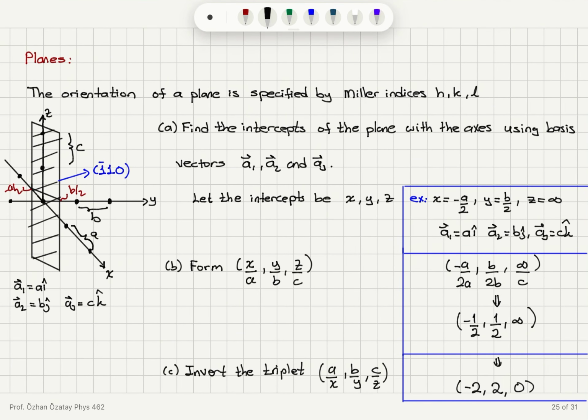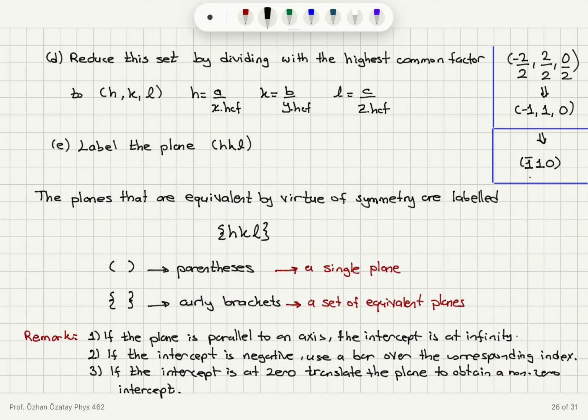And for planes, we find the intercepts with the xyz axes, the axes that contain the basis vectors a1, a2, a3. And for those intercepts, we look at the ratios x over a, y over b, z over c, take the reciprocal, invert the triplet, and divide it by the highest common factor to reduce it to a set of numbers HKL.